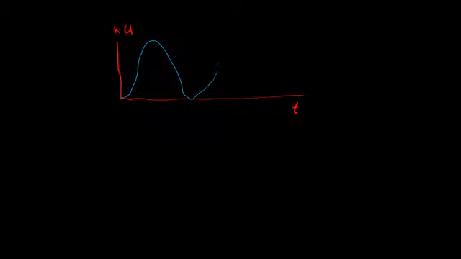Now I can plot the kinetic energy and potential energy as a function of time. I can start the plot for kinetic energy from here, and it will be like this.